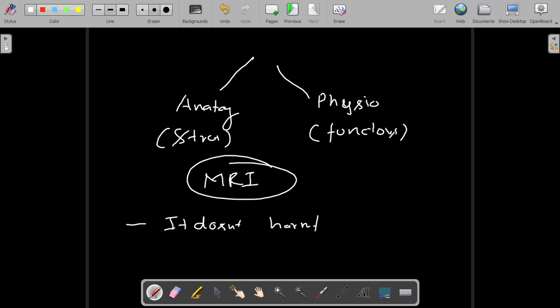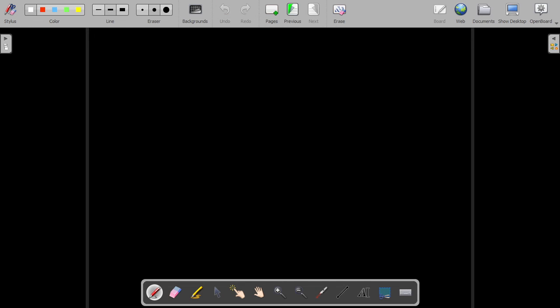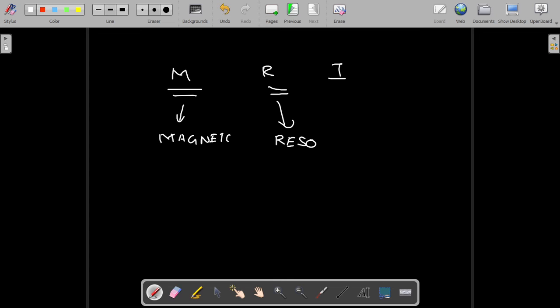As I told you, MRI is the expansion magnetic resonance imaging. We're going to see the basis of each and every word, and justify whether these words are correct. How the magnetic aspect plays a key role, how the concept of resonance comes into the picture, and how we use this idea to bring about imaging.